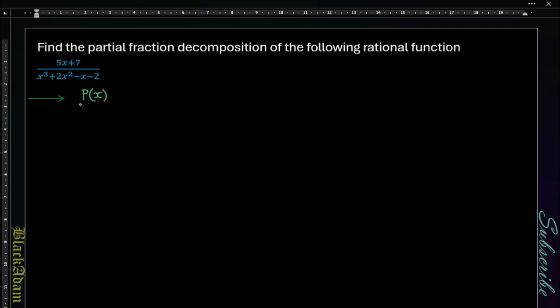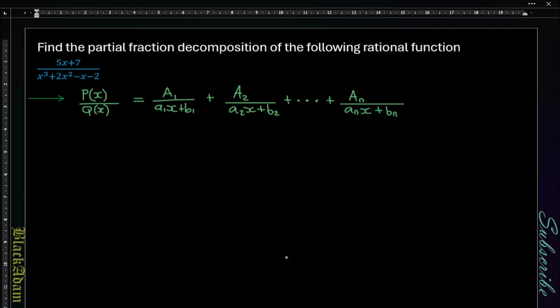So what we have to do is put it in this format, where we know that the ratio numerator over denominator will be a1x plus b1 over..., plus a2x plus b2 over..., and then we continue the series until we have anx plus bn.